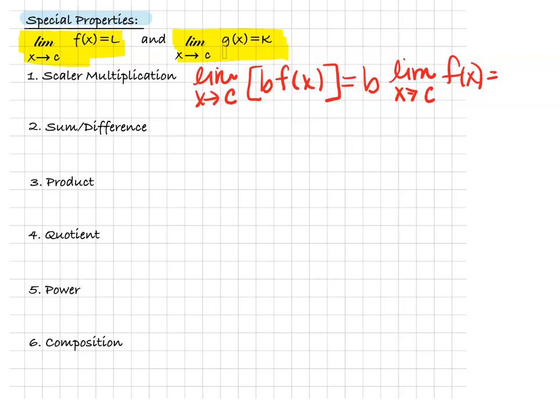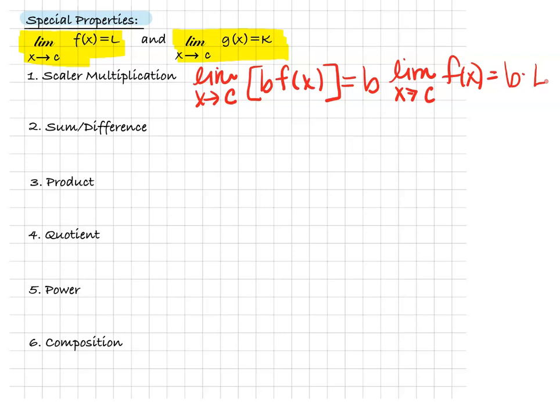And so with this one, when we pull that b out front, we can take the limit of f of x, which we know to be equal to L, so it ends up being just b times L. So that's really nice. If we have a scalar or some coefficient, we can pull it out front, carry it along for the ride, and then just multiply it by the limit at the end.